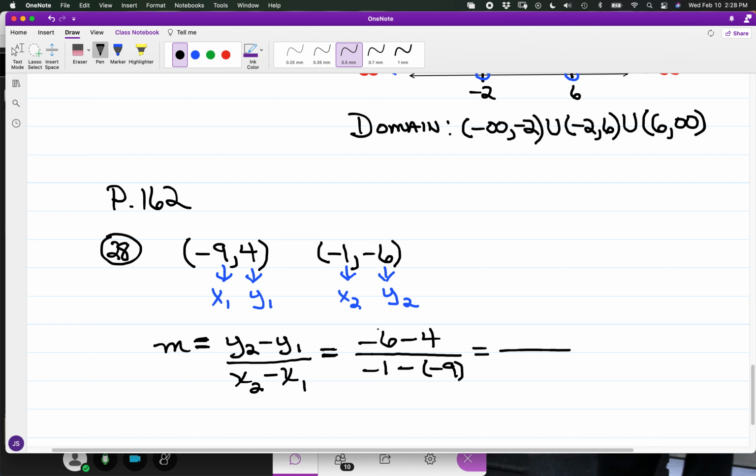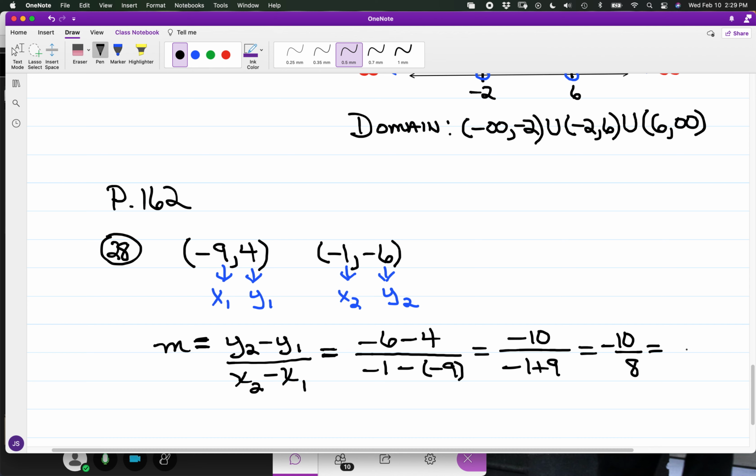Now for the change in the y values, we have -6 minus 4, so that is -10. For the change in x, we have -1 minus -9, so this would be -1 plus 9. So you have -10 over 8.